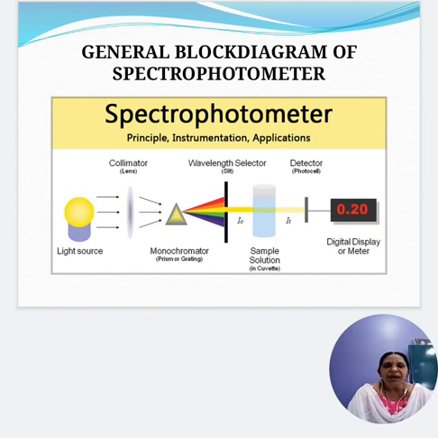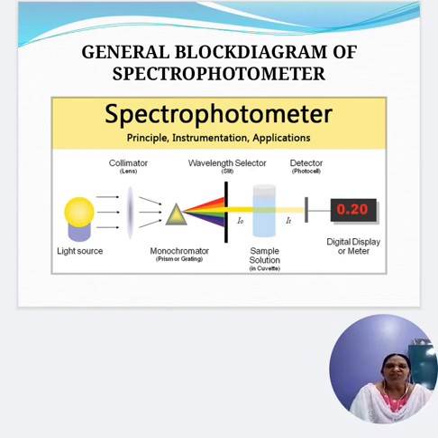Ultraviolet spectroscopy works on the principle of absorption spectroscopy. Based on the concentration of the sample, the radiation is absorbed by the sample and the remaining radiation is transmitted.